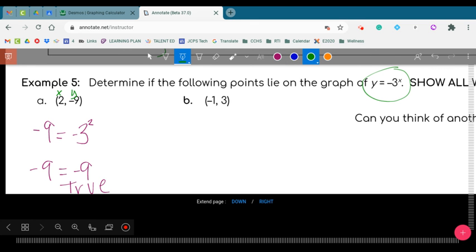Now this one, I'm going to do my x, y. 3 equals -3 to the -1st. So 3 equals -1/3, because anytime we have a negative exponent, we flip it. So this is false.